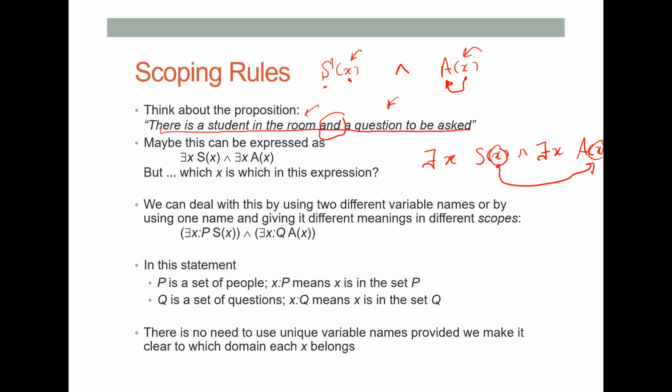So now we need to define domains by saying that P will model the set of people while Q will model the set of questions. So now we have two domains, okay?